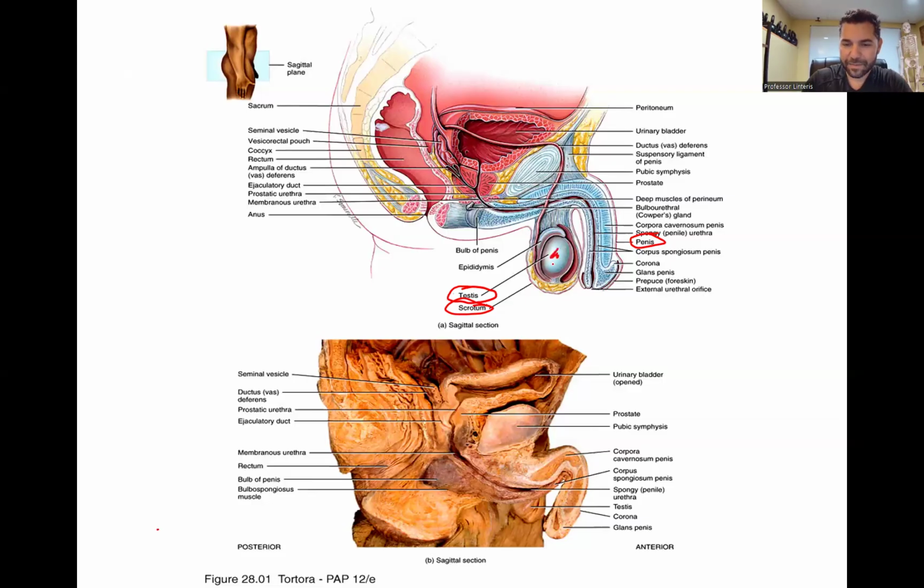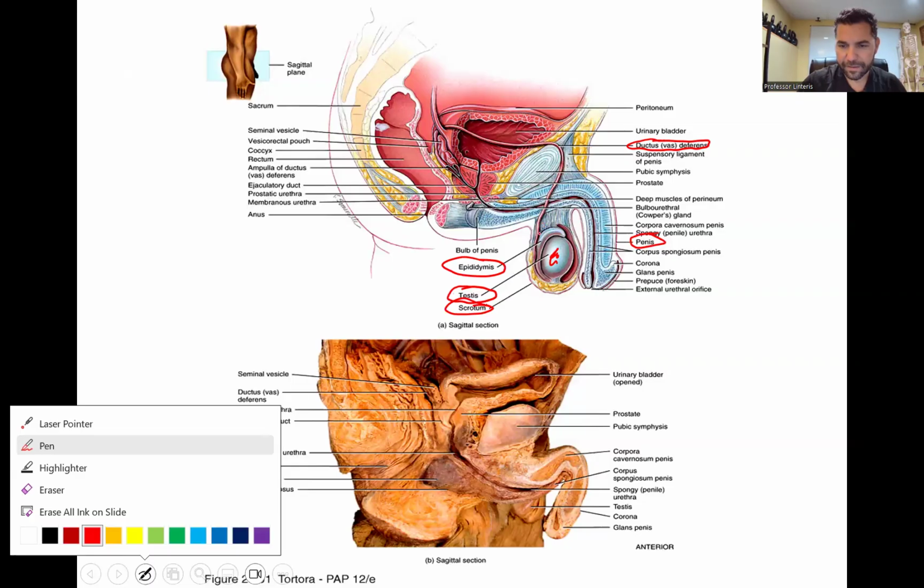After the sperm is produced in the testes, they are stored in the epididymis, and when necessary, they are released and come out through the vas deferens. Here you can see the ductus deferens. I don't care which term you use; I always use vas deferens.